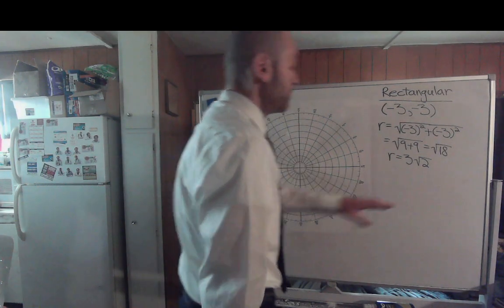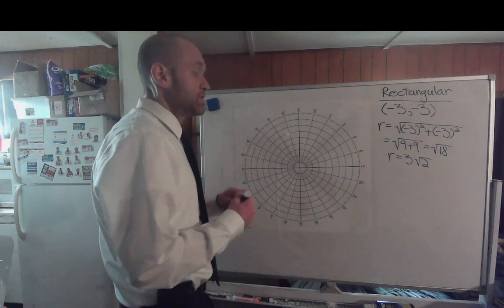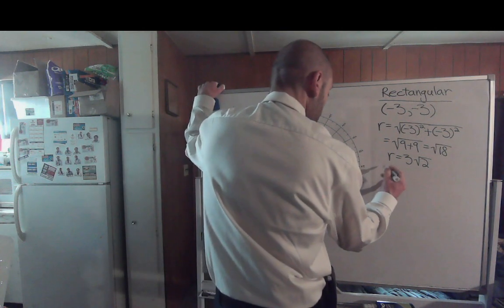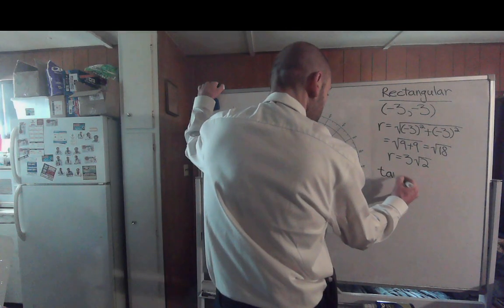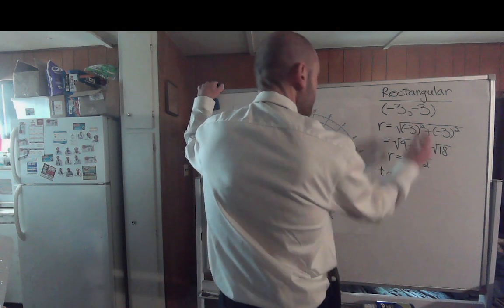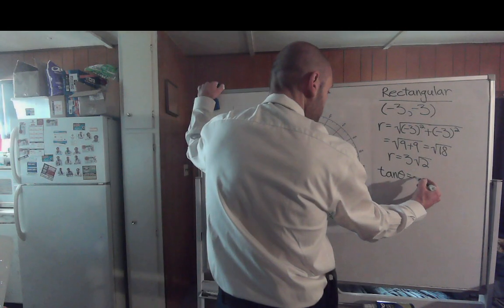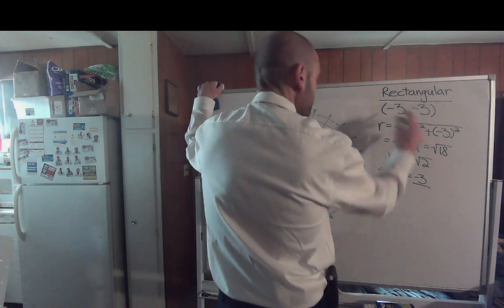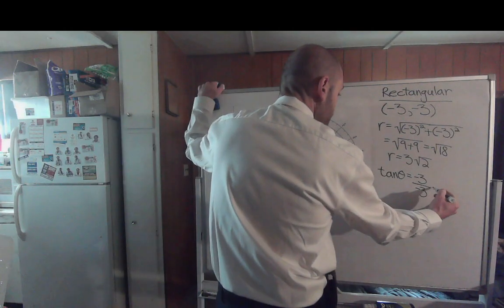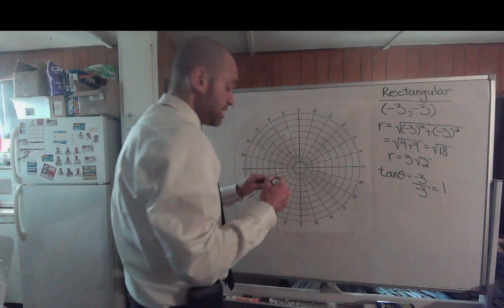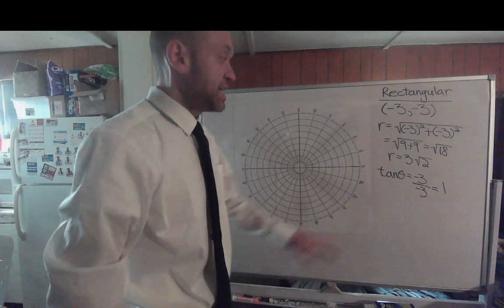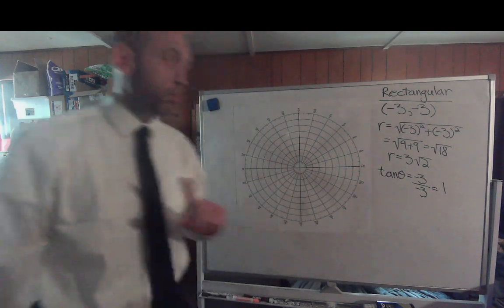Alright, now what about the theta? So we can say the tangent of theta equals our y of -3 divided by our x of -3, which would just simplify into 1. So we have a tangent of theta being +1.